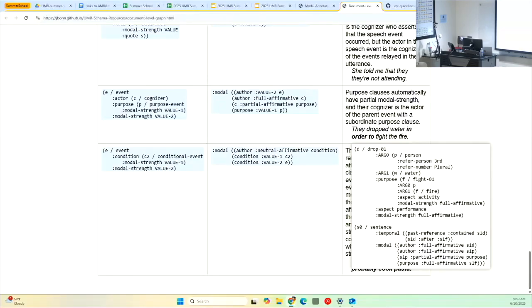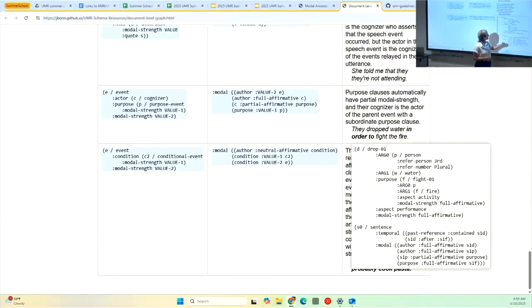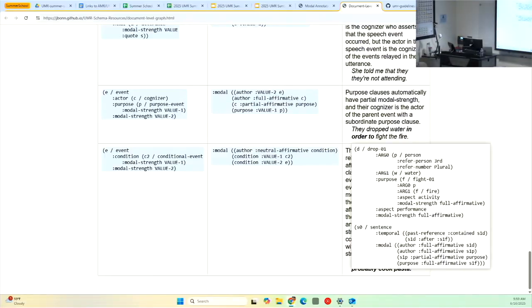So the author is affirming that there is a dropping water event. They're affirming that there is a person who is going to do the dropping of the water. And because this is that person's purpose, that person becomes the cognizer of the purpose clause. So SP for person, partial affirmative to purpose, and then purpose, full affirmative to the purpose clause.